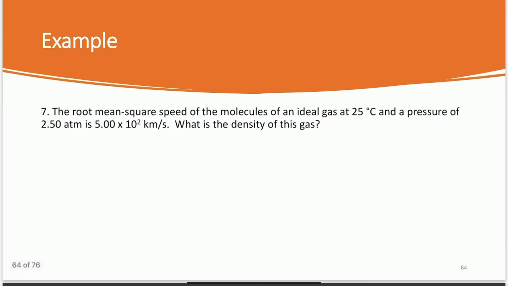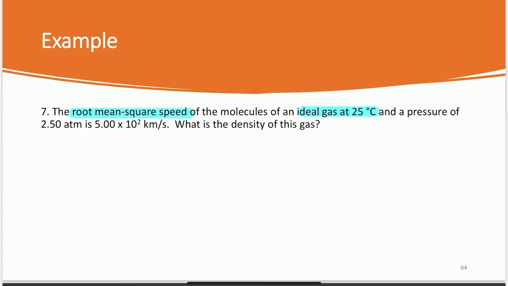Number 7. The root mean square speed of the molecules of an ideal gas at 25 degrees C and pressure of 2.5 atmospheres is 5 times 10 to the second kilometers per second. What is the density of this gas? So, keywords here, root mean square speed.